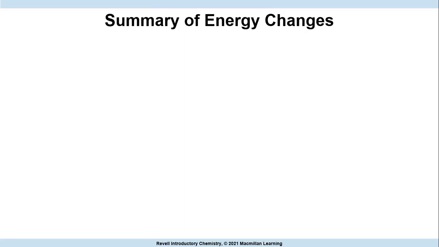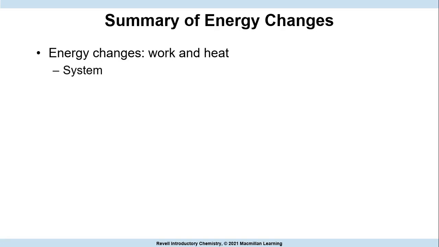So let's look at a summary of what we've seen in this part of this lecture. We have said the energy change of a system can either occur in terms of heat or as work. And we've said the system is the part of the universe that we have chosen to study, and everything else is the surrounding.